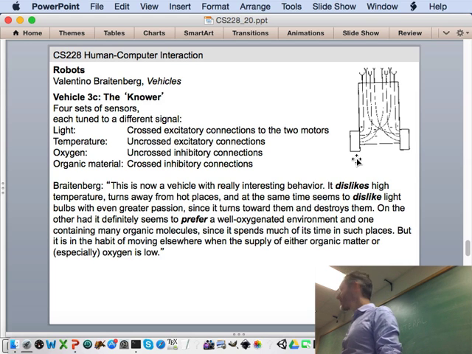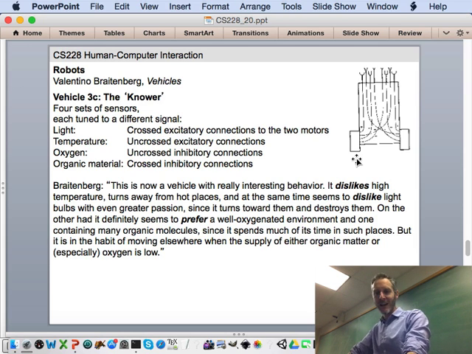Braitenberg did his best to have a crack at this. If you were to watch this robot or this vehicle in a darkened auditorium, you might say it has interesting behavior. It dislikes high temperature, turns away from hot places, at the same time seems to dislike light bulbs with even greater passion, since it turns towards them and destroys them.